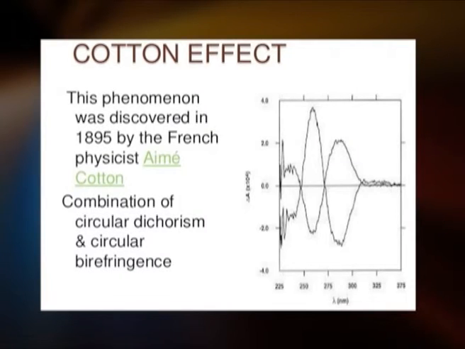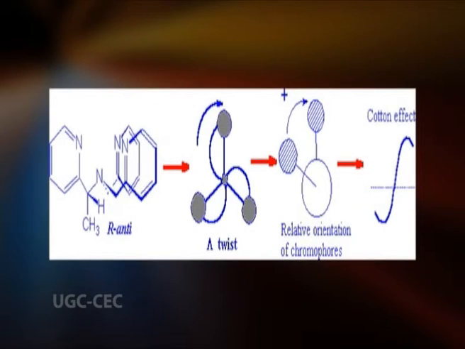Thus, excitation of the carbonyl group by absorption of ultraviolet light and strong rotatory dispersion of polarized light are associated phenomena. In fact, when a substance exhibits a Cotton effect, not only does it transmit clockwise and counterclockwise circularly polarized light with unequal velocities, it also absorbs the two forms of light unequally.